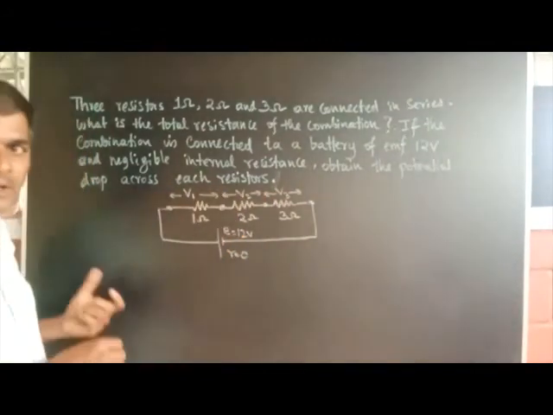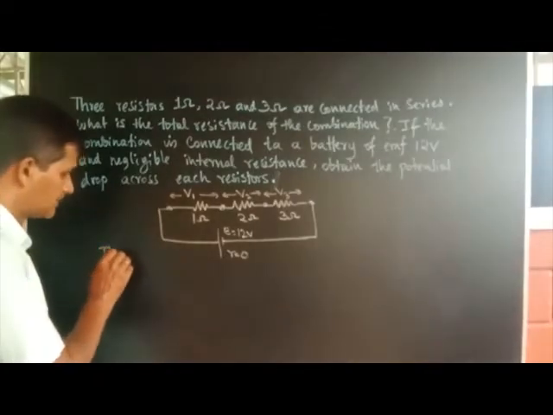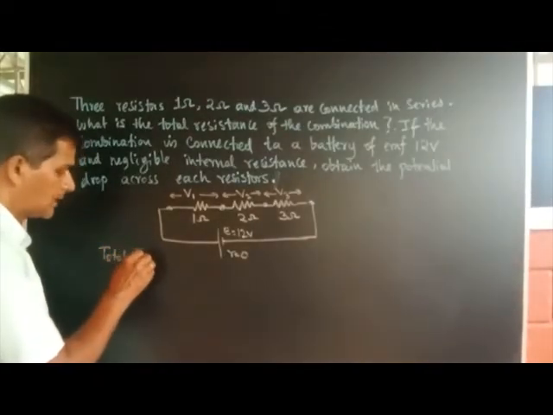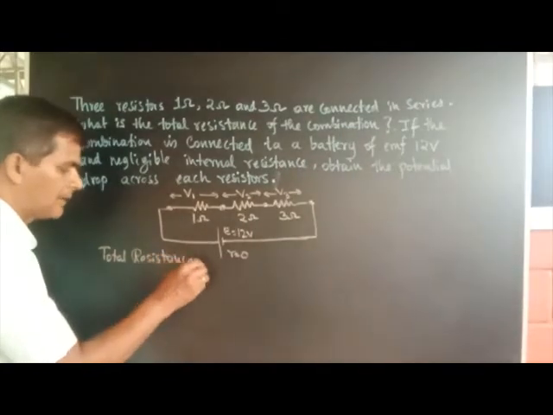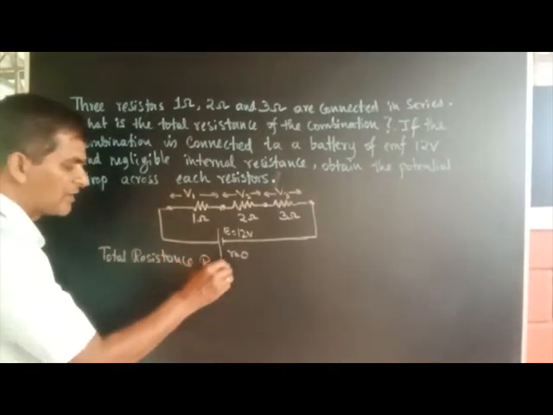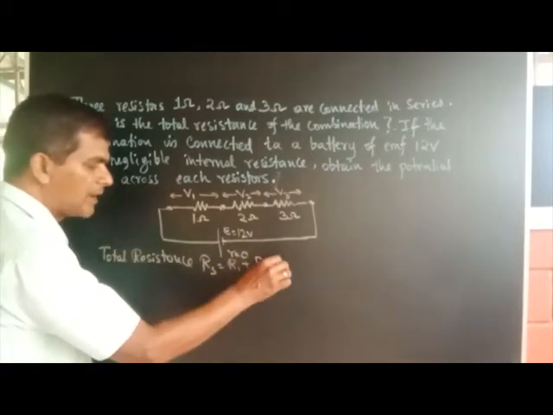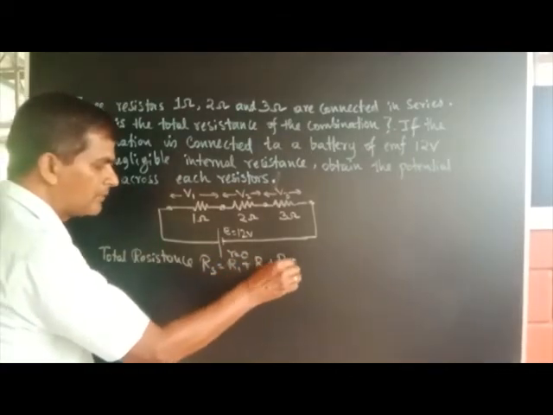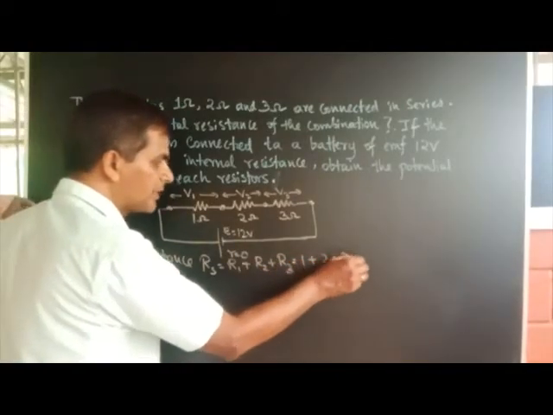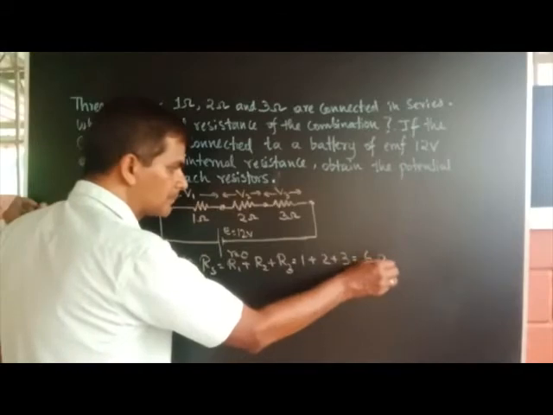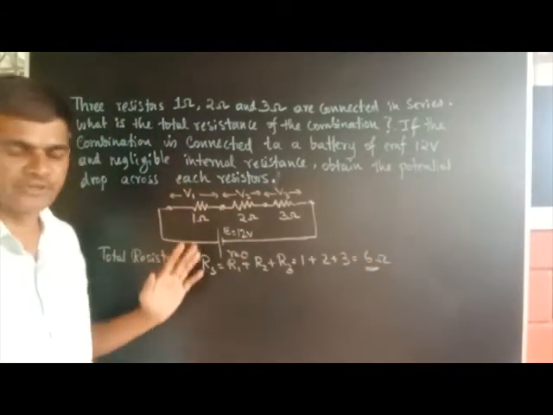First part, what is the total resistance of this combination. Since the resistances are in series, the total resistance Rs is R1 plus R2 plus R3. This is the sum of these resistances, 1 plus 2 plus 3, that is 6 ohm. This is the one part, the total resistance of this combination.